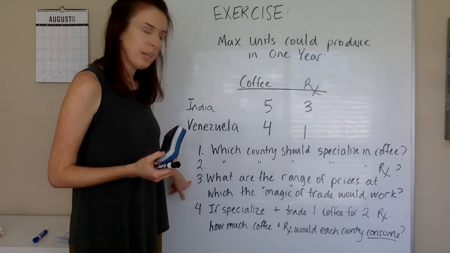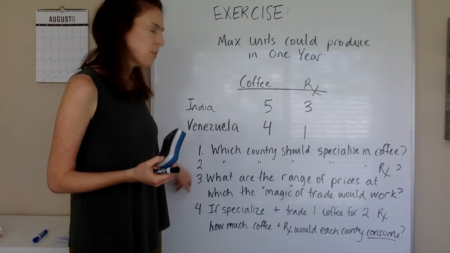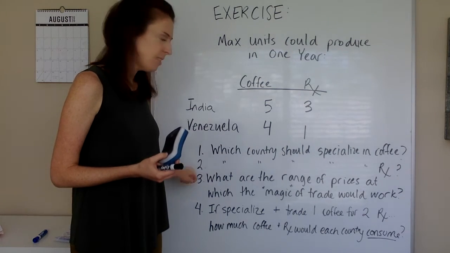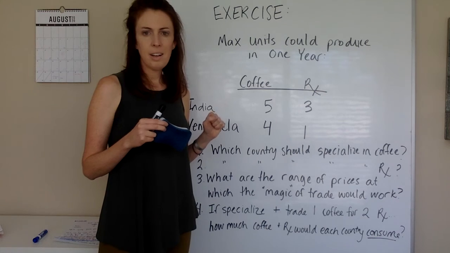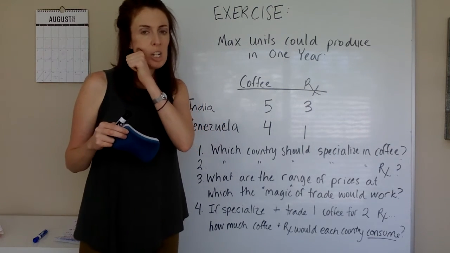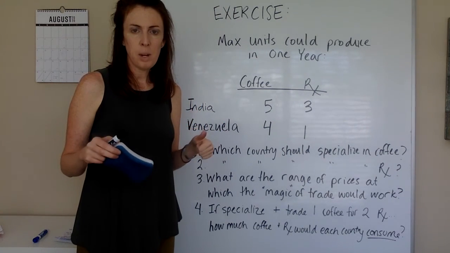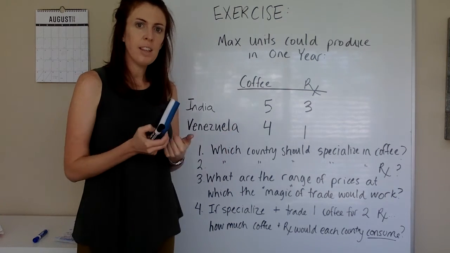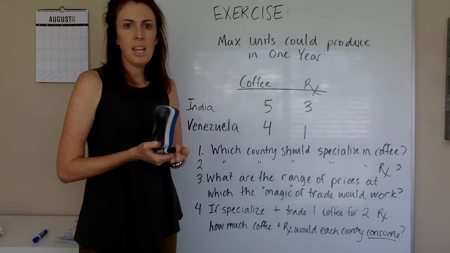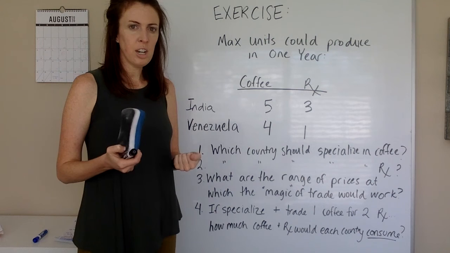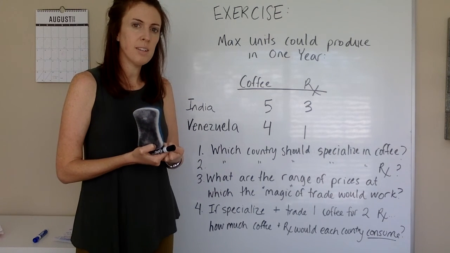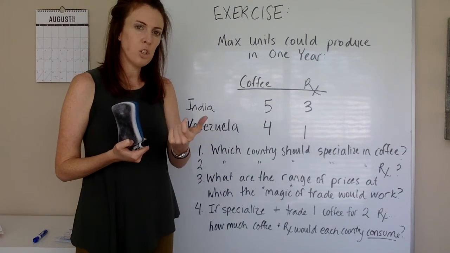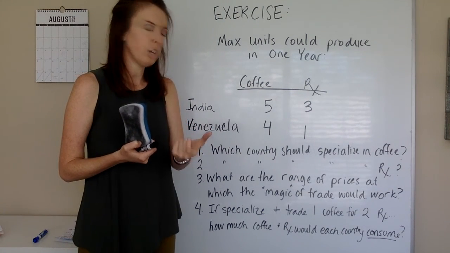Okay, for question 3, I want you to answer what are the range of prices at which the magic of trade would work. So again, as a hint, when countries specialize in the good that they have the comparative advantage in, and then they trade the products that they made, this whole thing only holds together if the exchange rate is such that countries are exchanging products at a level that's between the 2 countries' opportunity costs for a given good.